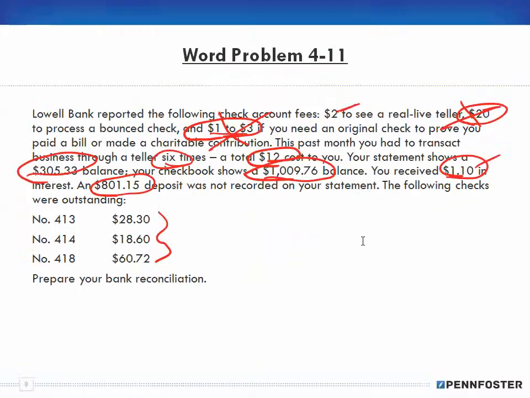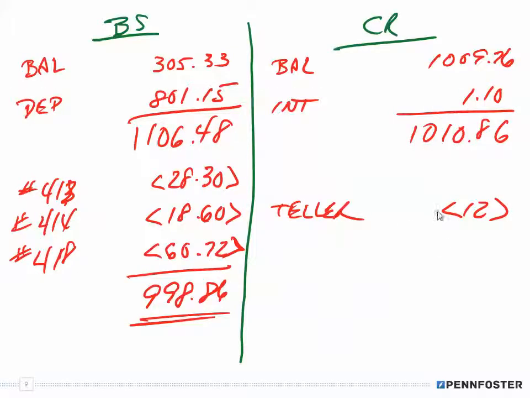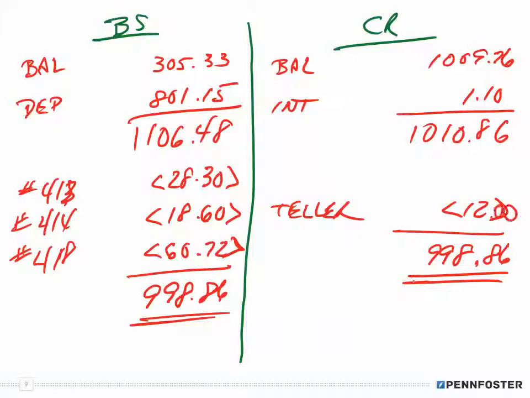And that's it. We don't have anything else. So I subtract out my teller fee, and $1,010.86 minus $12 is $998.86, and so that's my final balance. Okay, $998.86, and that matches.